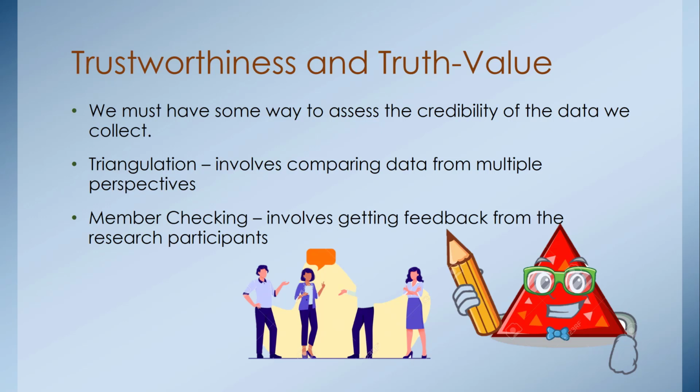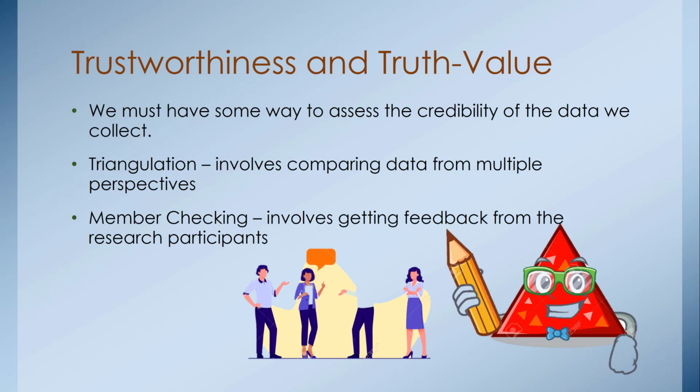In qualitative research, again, we don't talk about validity and reliability because, as you see, we don't have those objective, very strict, rigorous procedures in place. We talk about trustworthiness and truth value. So we must have some way to assess the credibility of the data that we're collecting.